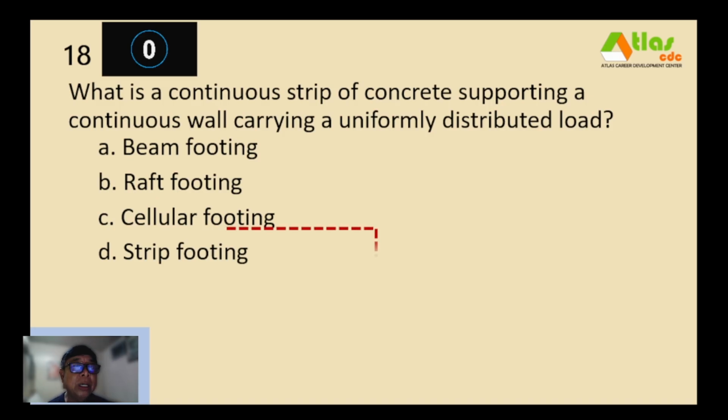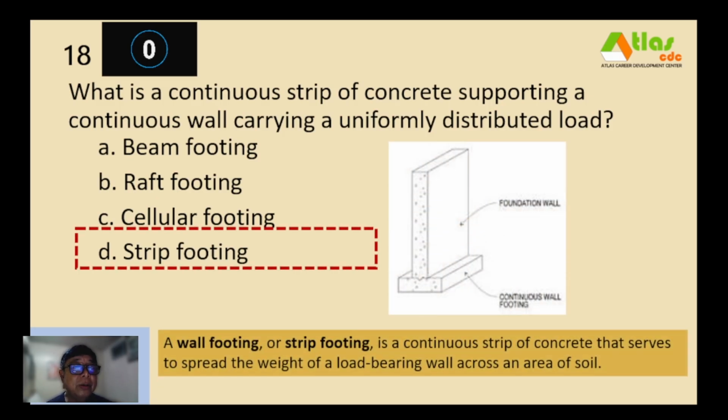And our correct answer is letter D, strip footing. So a wall footing or strip footing is a continuous strip of concrete that serves to spread the weight of a load-bearing wall across an area of soil.